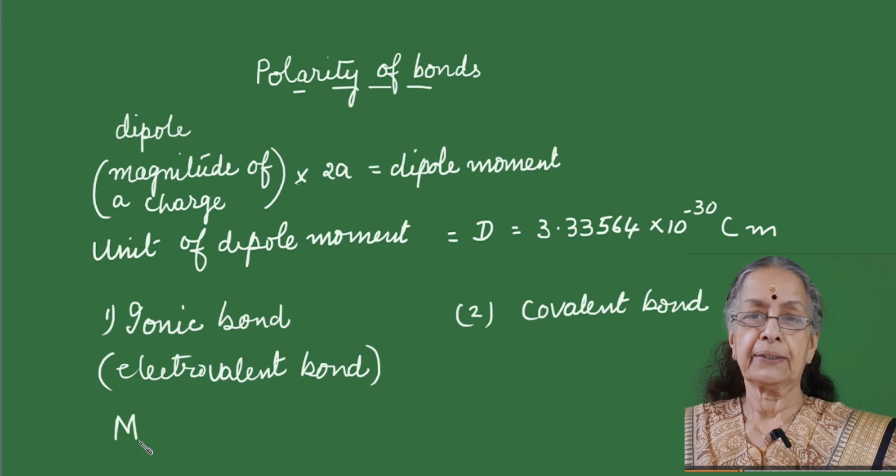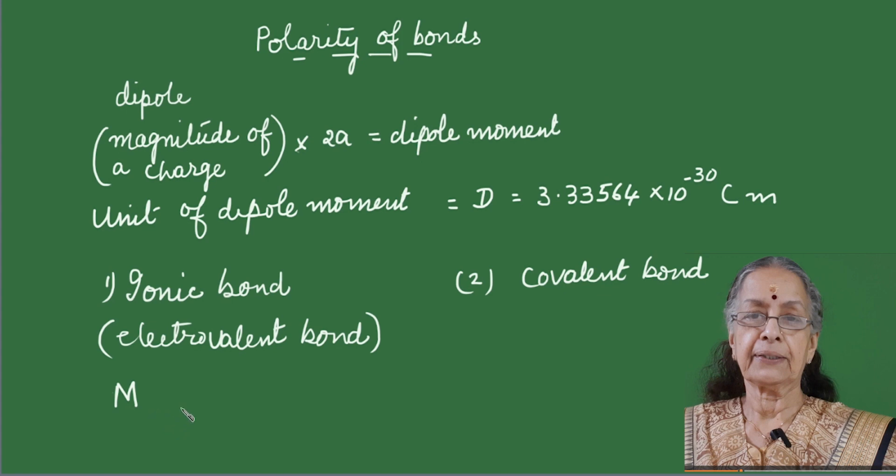Let us mark this metal by the letter M and the non-metal by NM. Bond between metal and non-metal. Say for example sodium chloride. That bond is electrovalent bond.